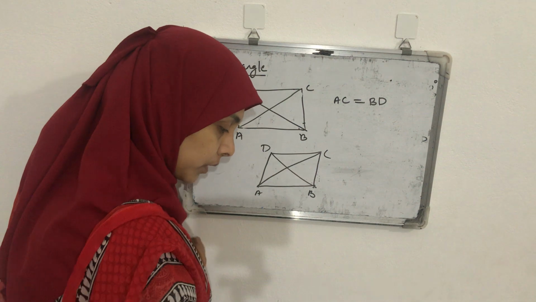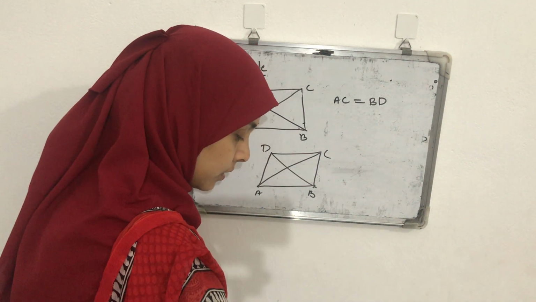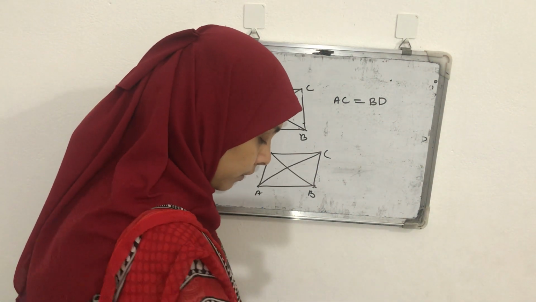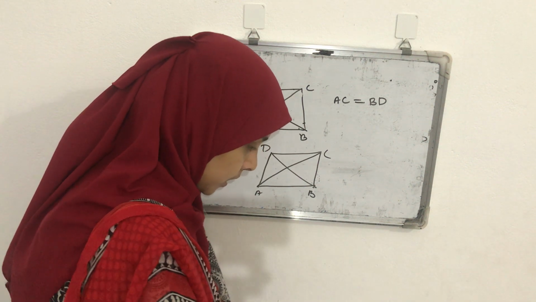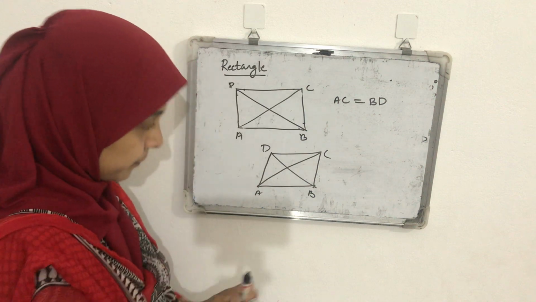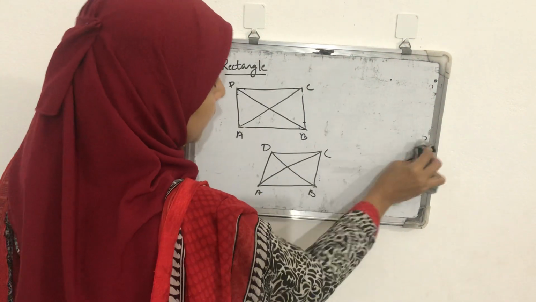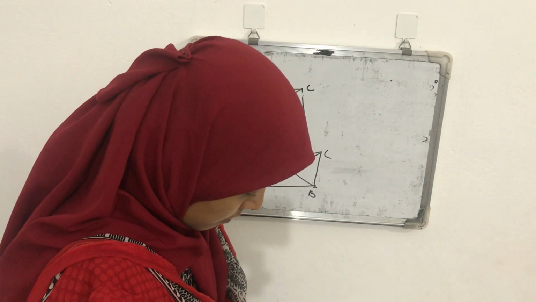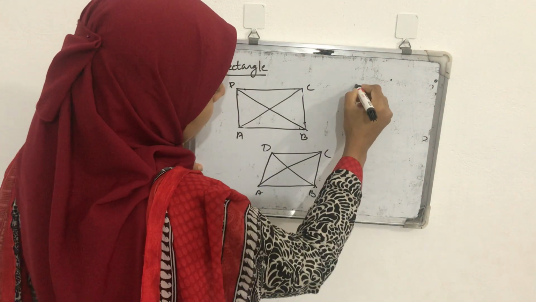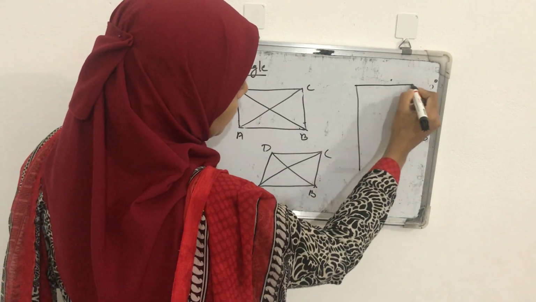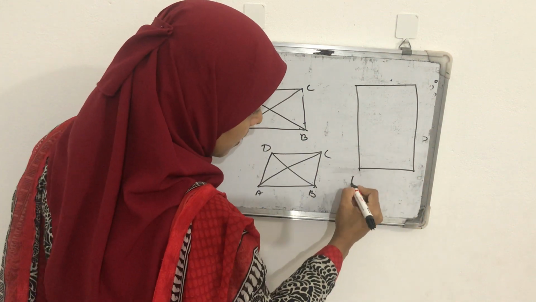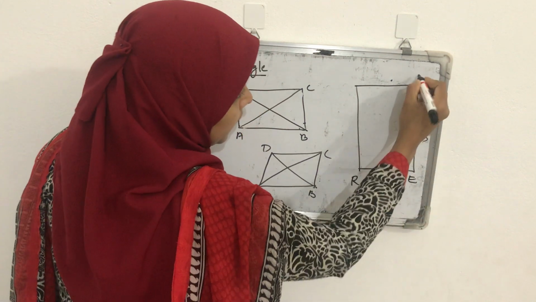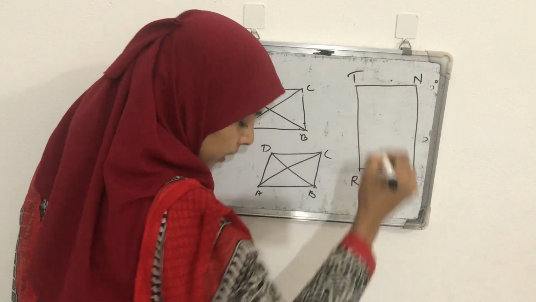Now, related to the rectangle's properties, we can solve one problem in the textbook. Here is given one rectangle, and its name is given as RENT.